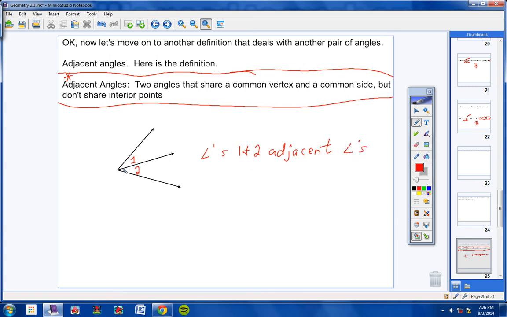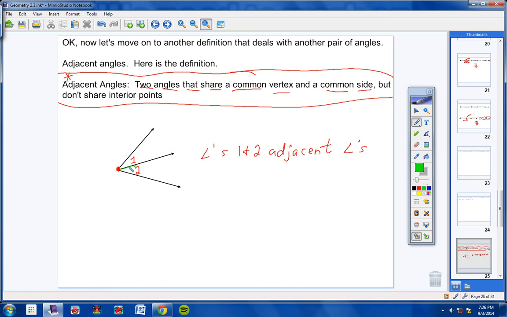Now, do you see why? They're adjacent because angle 1 has a vertex right here, and angle 2 has a vertex right here. So let me ask you a question. Are they sharing a common vertex? Yes, and that's what it says. Two angles that share a common vertex, and look what else they have to share, a common side. Well, look at this green here.